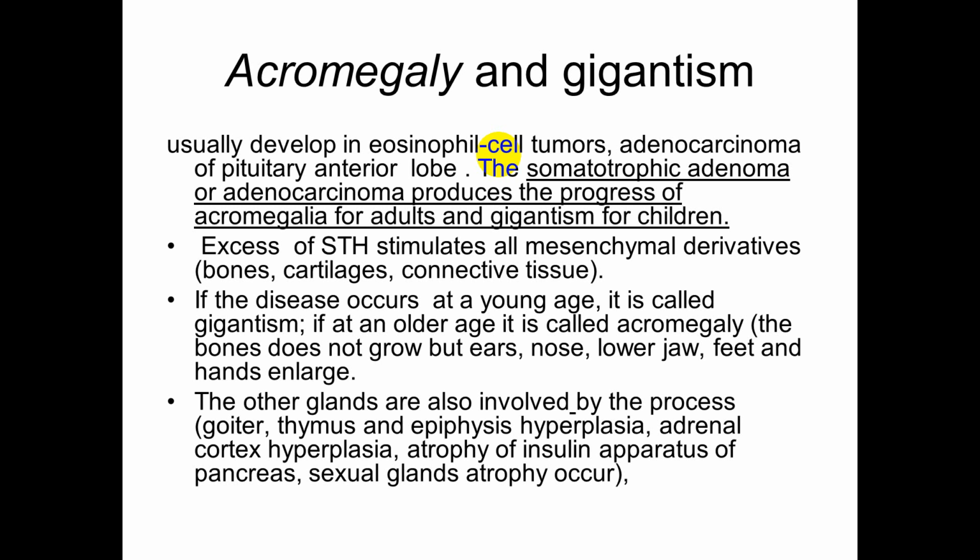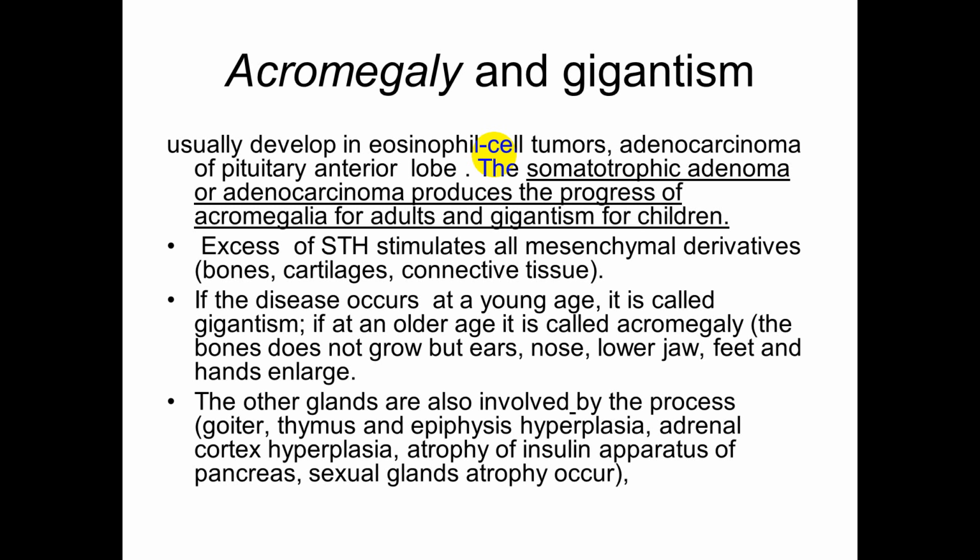If the disease occurs at a young age, it is called gigantism. If at an older age, it is called acromegaly. The bones do not grow in length, but the nose, lower jaw, feet, and hands are enlarged.